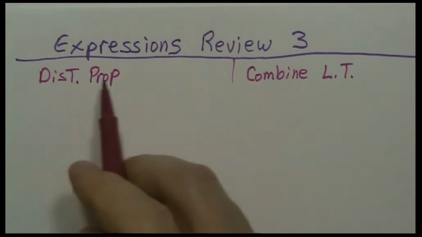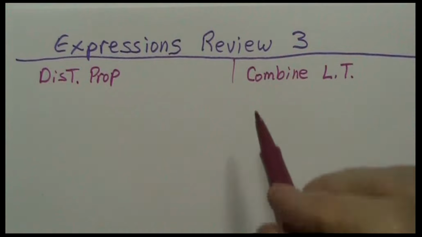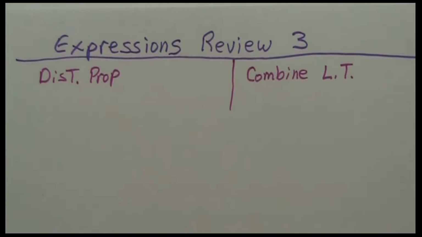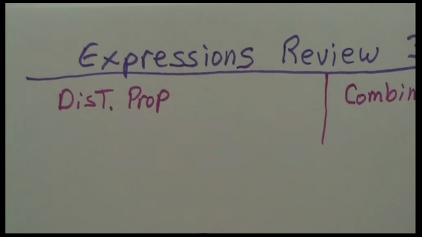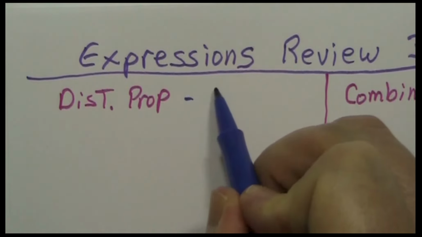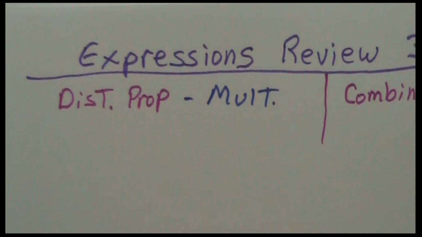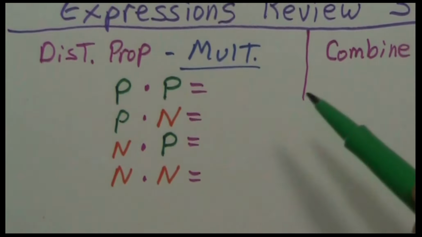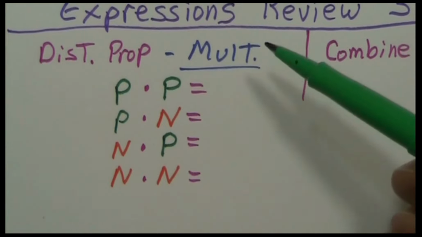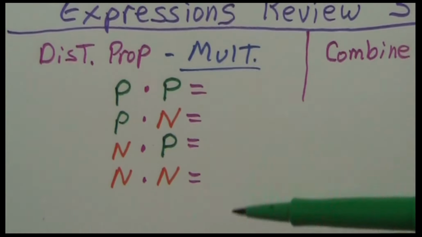All right, so distributive property, and then like terms. Now for distributive property, we're going to be multiplying. I'll give you a few seconds here to write this out.